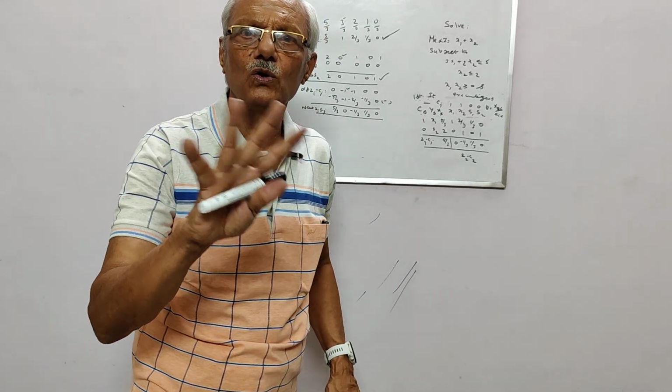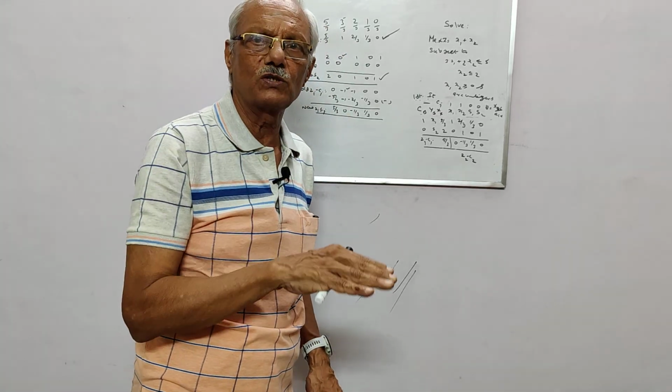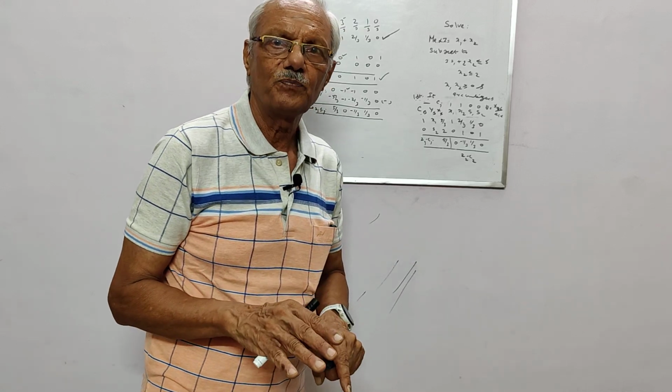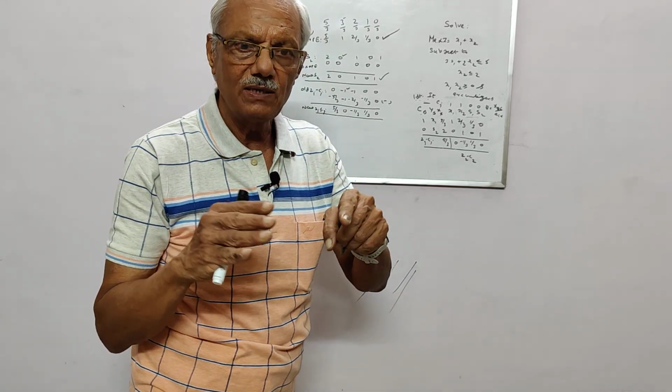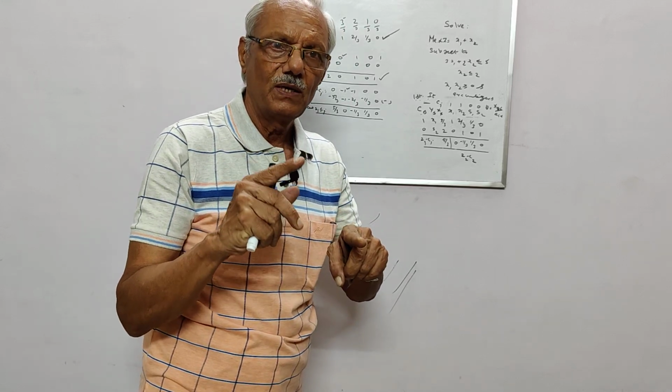5 by 3 is not your optimal solution, because you must go for still more processing, since the optimality condition is not satisfied. I will connect this problem with a graphical solution.